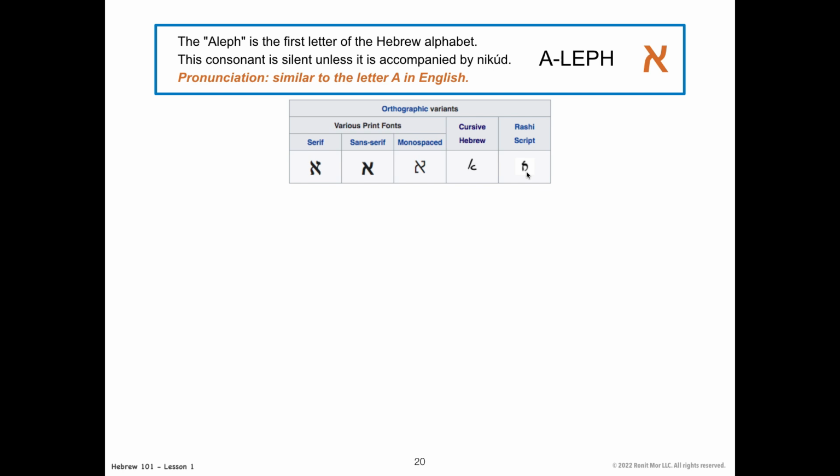In Israel, when you go through a religious education like I did, you actually learn to read his script also. It's a little bit similar, but also quite a bit different from the regular script.